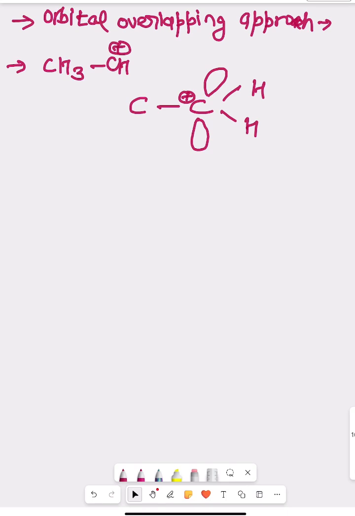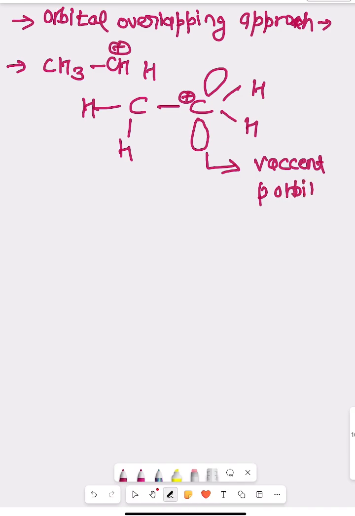This is your carbocation. Now here the overlapping is: this is your hydrogen, and this is your vacant p orbital. As you know, the carbocation carbon has one vacant p orbital.